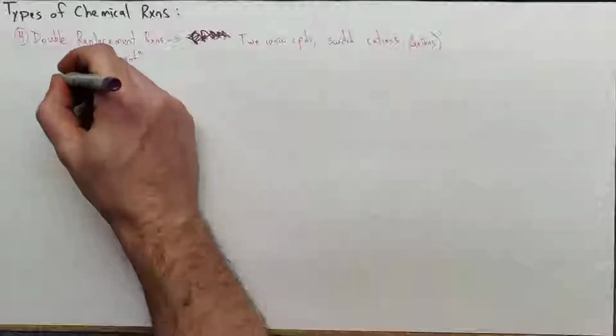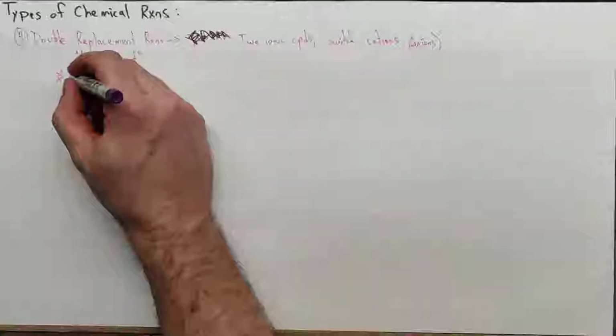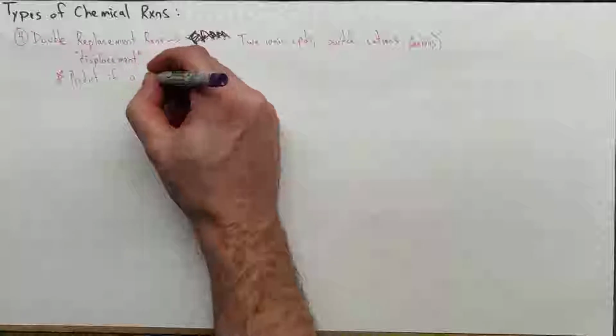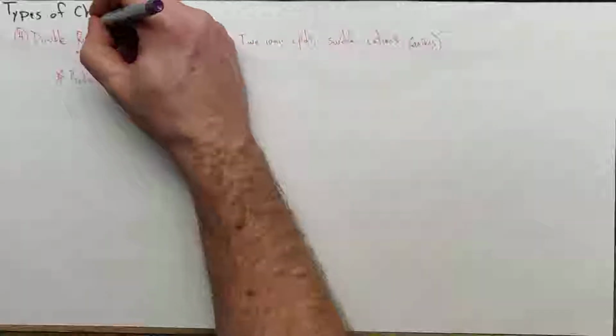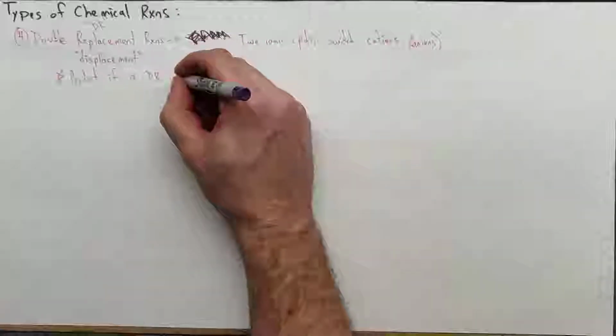So in order to predict if a double replacement reaction is going to take place, we're going to look for a net ionic equation so we can predict if a double replacement reaction will take place.